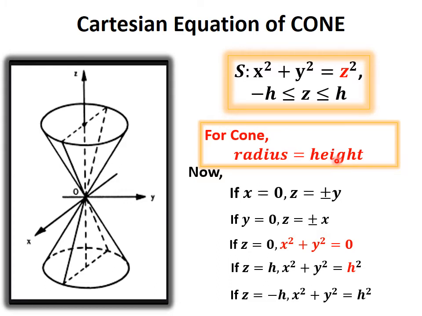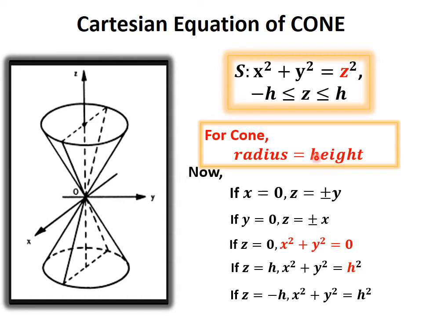Just a recap, for a cylinder, radius and height are independent. What is the equation of the cylinder we had seen? x square plus y square equal to a square, fixed radius. Now for the surface cone, the radius is changing based on the height. So for cone, radius equal to height.